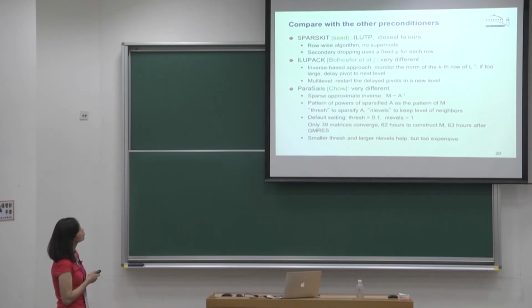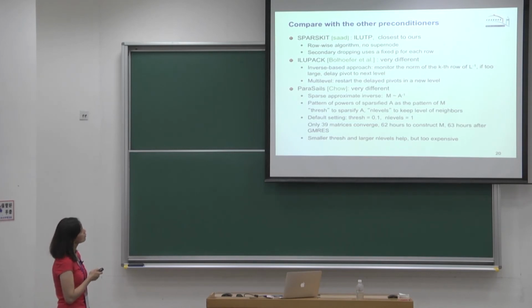So they have to impose some restrictions in order to get this to work. First of all, they have to sparsify A, because if you look at a sparse matrix A and do the inversion, you get a dense matrix. That's generally true: the inverse of a sparse matrix is going to be dense.